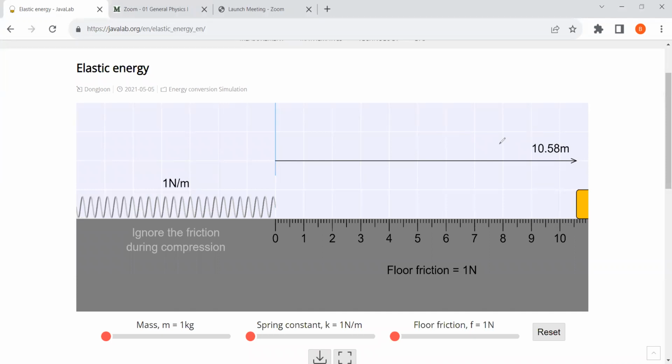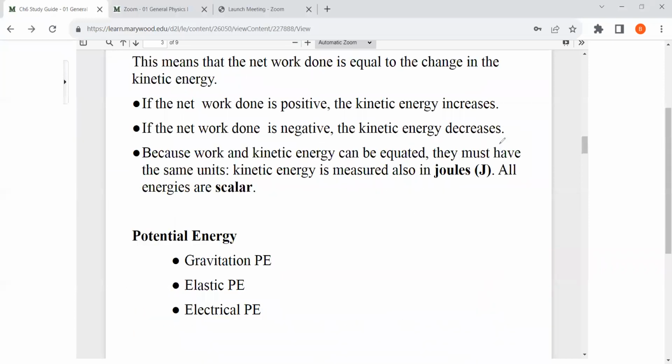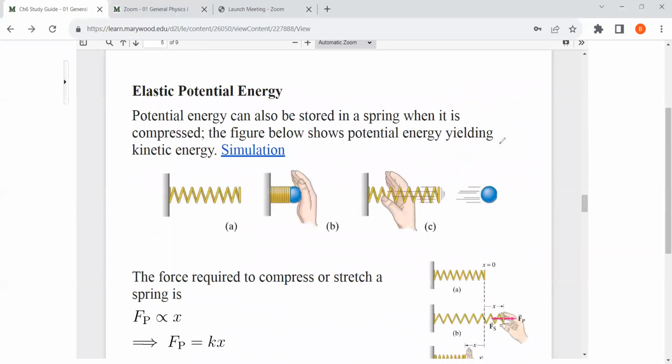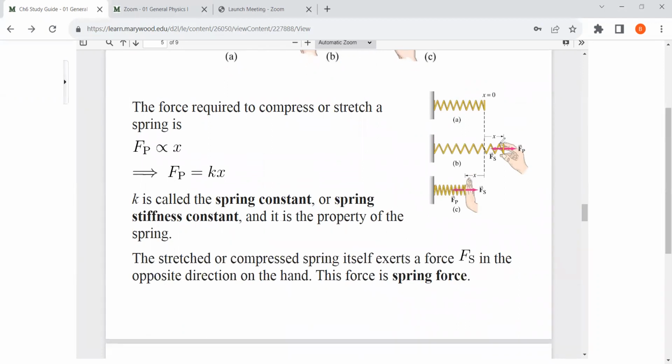Let me go back to the slide. To understand the mathematical detail of elastic potential energy, let's consider this picture again. The first spring is the unstretched, or undisturbed, spring.